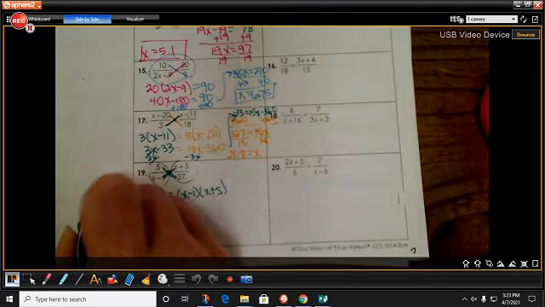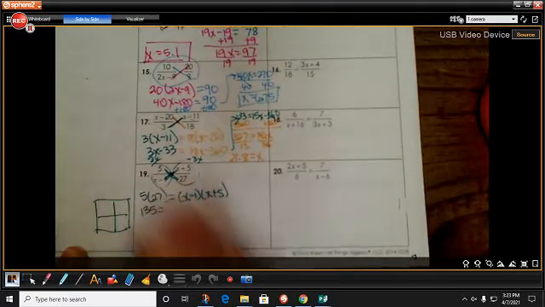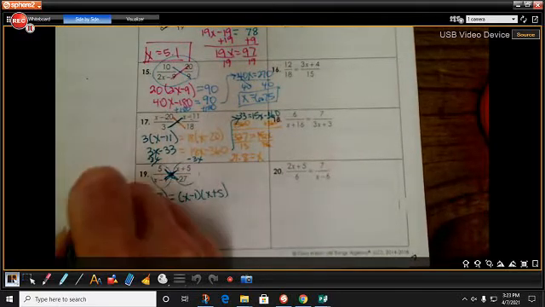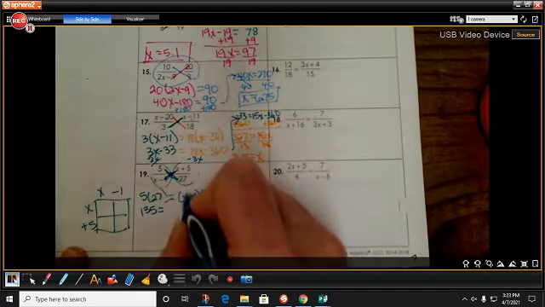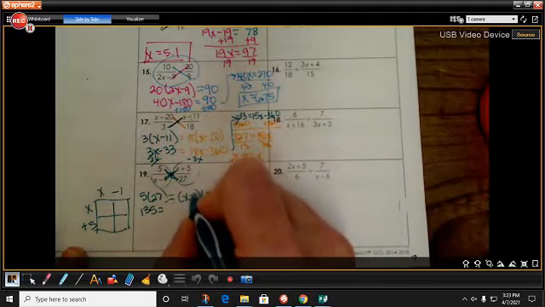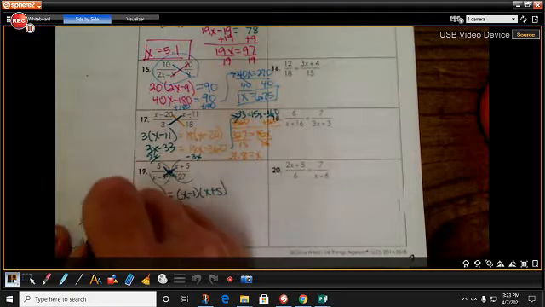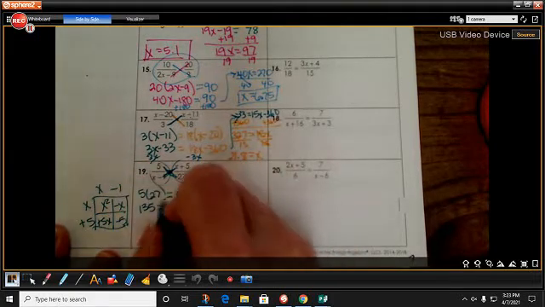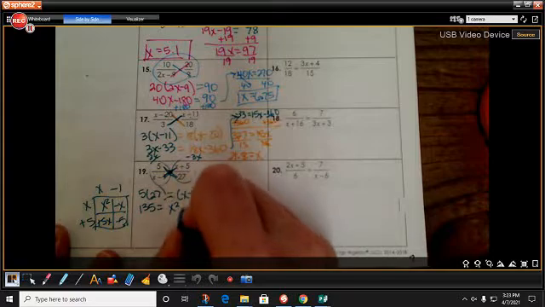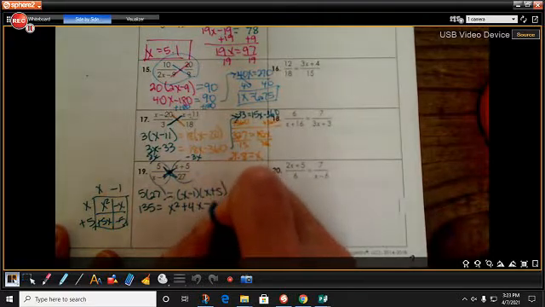You can either multiply these using your box and do x minus 1 and x plus 5, or you can FOIL and multiply, do your double distribution. I don't care how you solve it as long as you solve it. x squared minus 1x plus 5x minus 5. So when you work this out, you end up having x squared plus 4x minus 5.